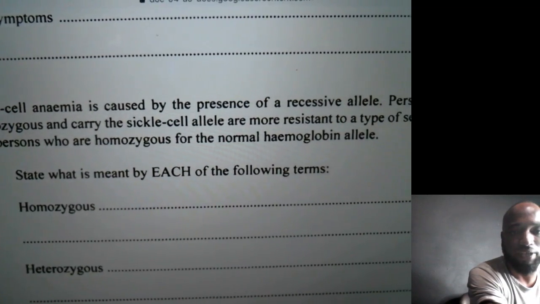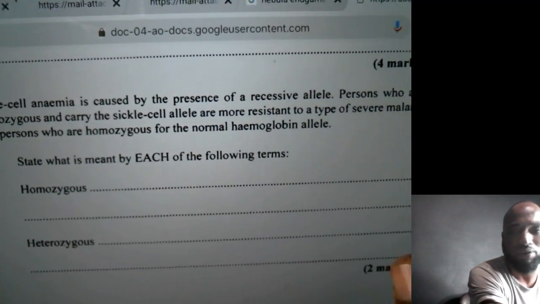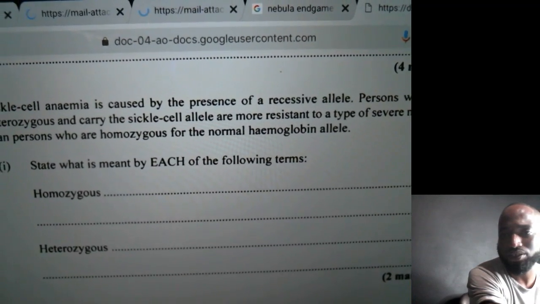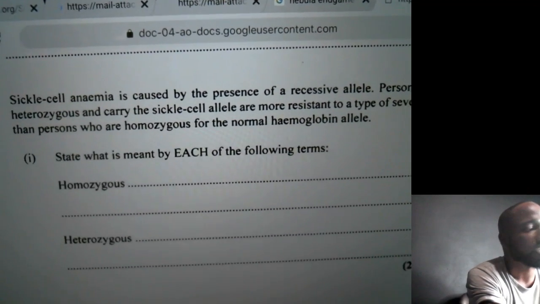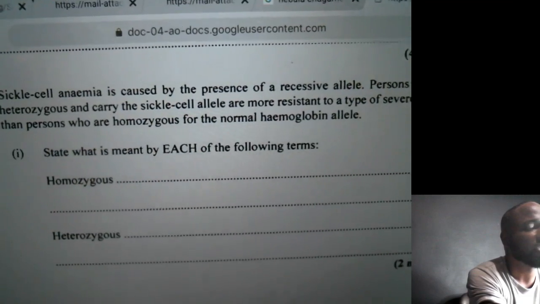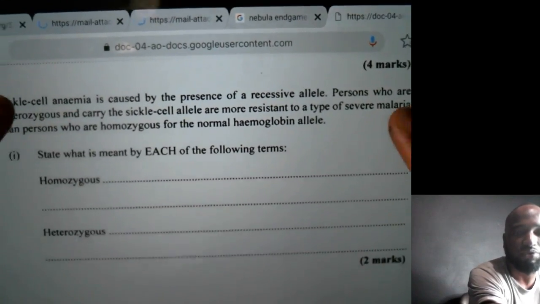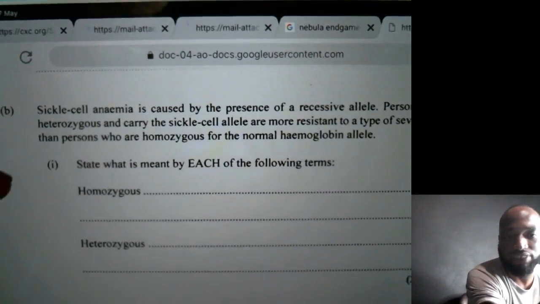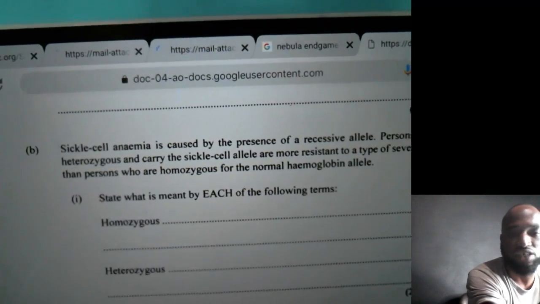State what is meant by each of the following terms: homozygous and heterozygous. But I guess you need to talk about it in relation to this, so put the answers on this and make sure you talk about it in relation to sickle cell anemia.